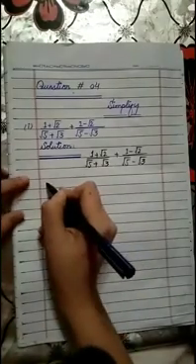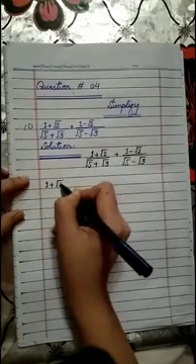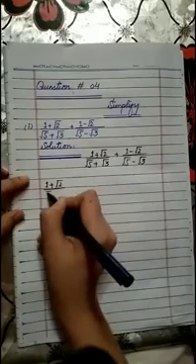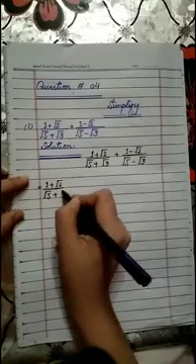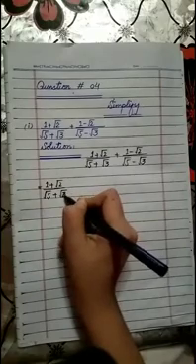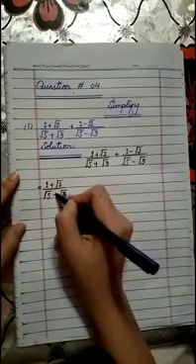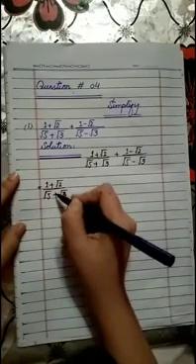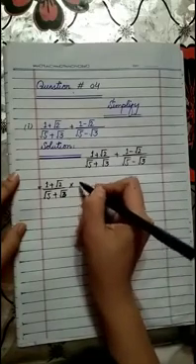Okay, for rationalization, you know what to do. Students, in previous questions we have done a lot of questions with the same method. For rationalization, we first take the conjugate by changing the sign, and multiply and divide by it.